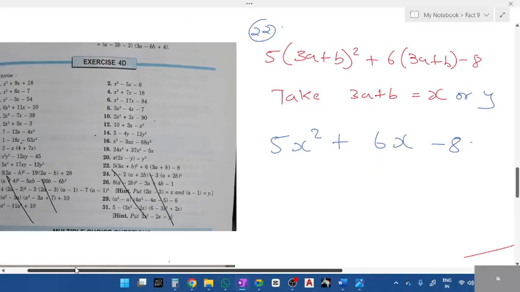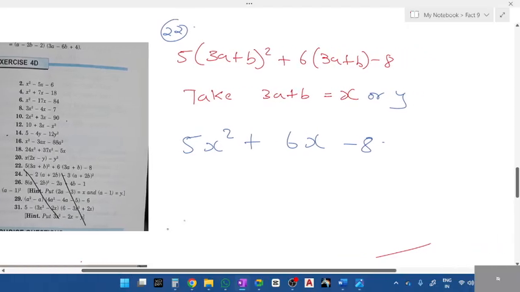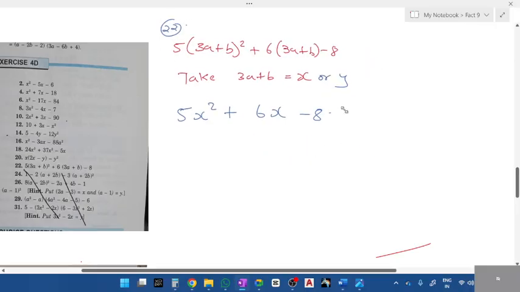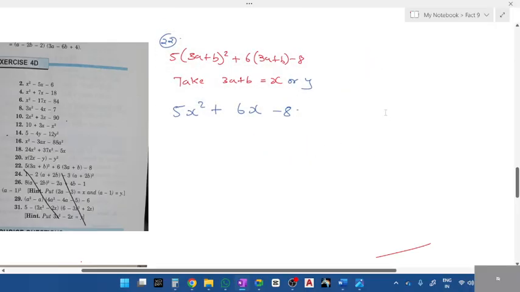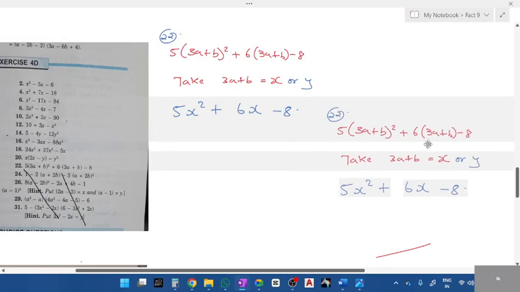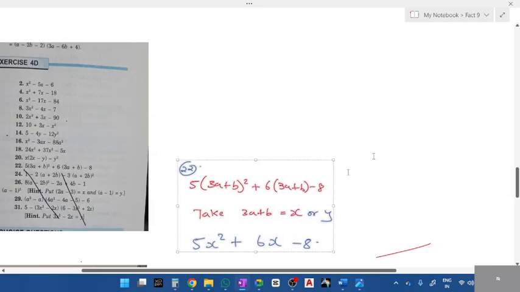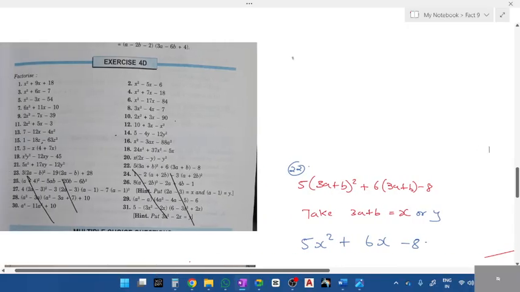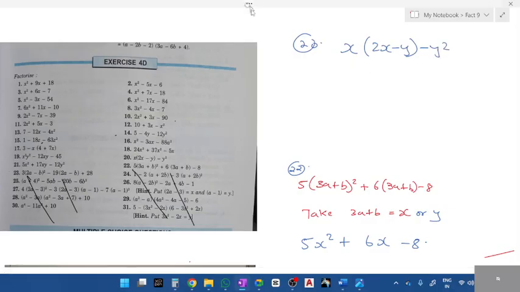Next, take down the homework questions. These are the questions for homework. One.